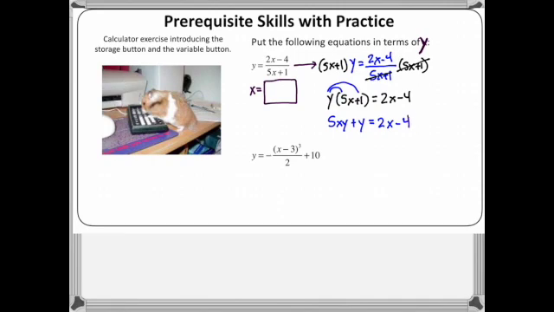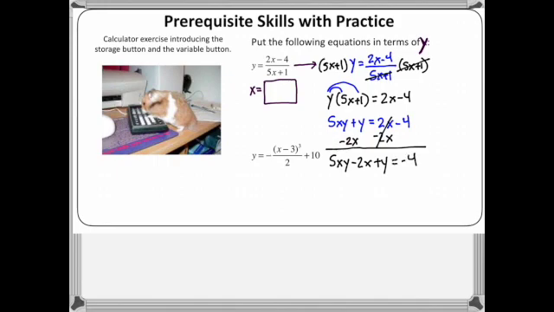Since I want to get x all by itself, I'm going to move the 2x on over to the left-hand side and cancel those out, and I get 5xy minus 2x plus y equals negative 4.